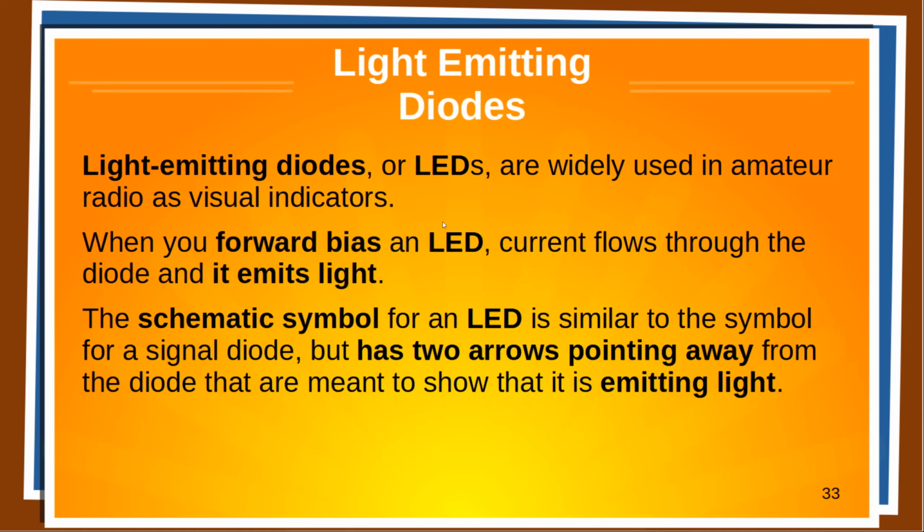So the forward voltage drop in an LED will be quite different. It can be 1.5, almost 2 volts in some cases for forward voltage drop. The symbol is like a diode with some arrows pointing out, showing the light emitting from the diode.